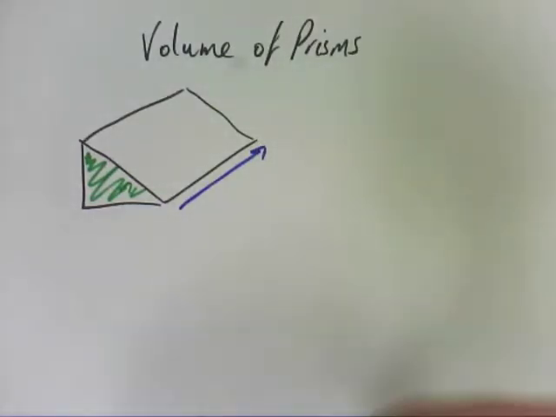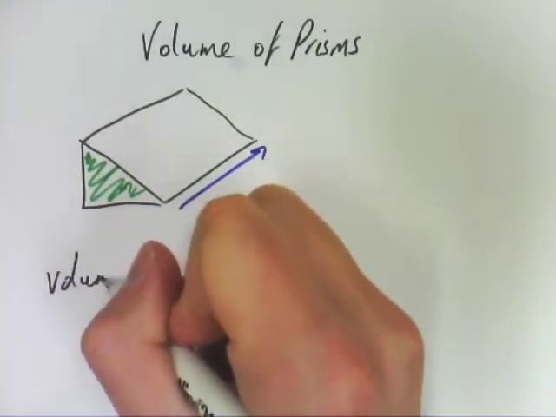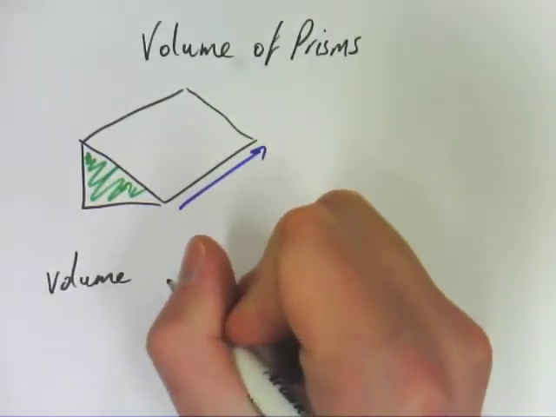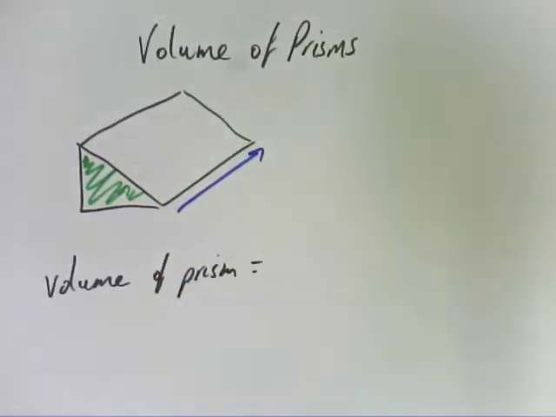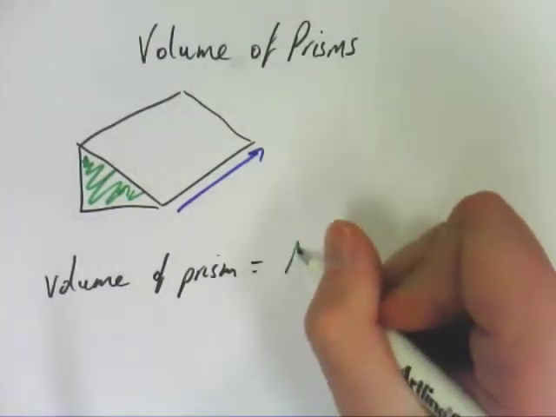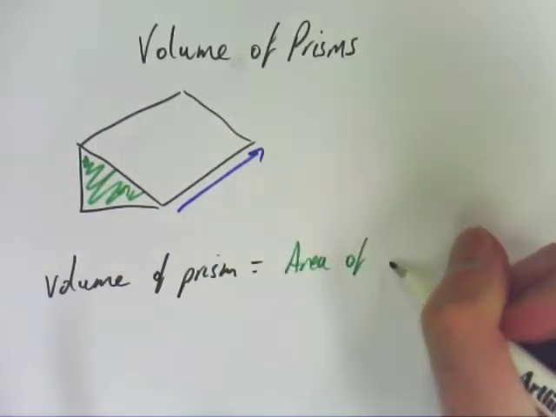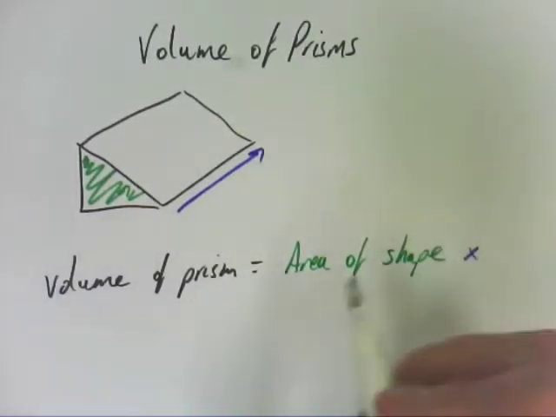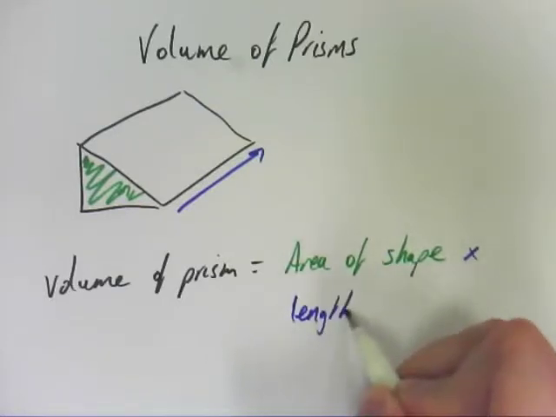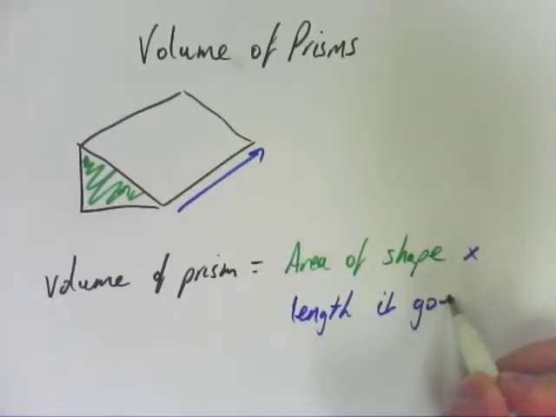So the volume of any prism, as long as it has a uniform cross section, is equal to, and I'll do it in colour, the area of shape multiplied by the length it goes. That is probably the best way to explain it.